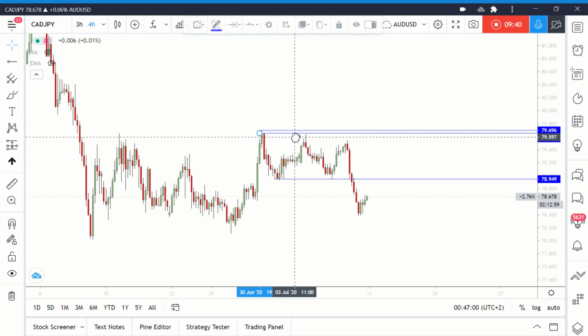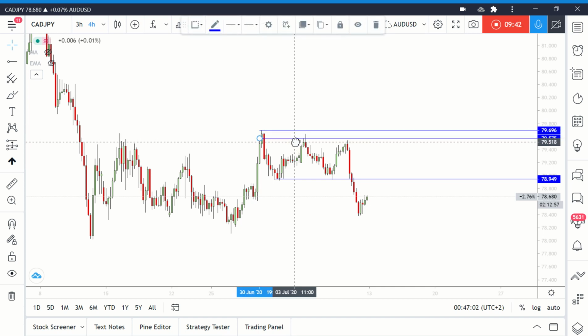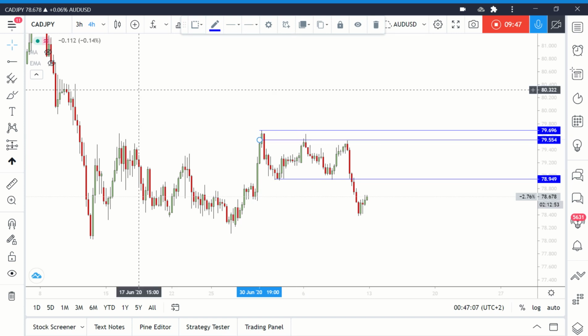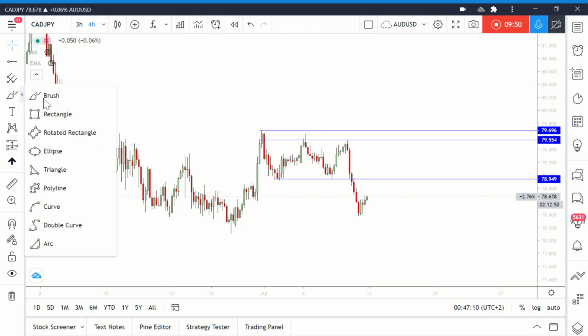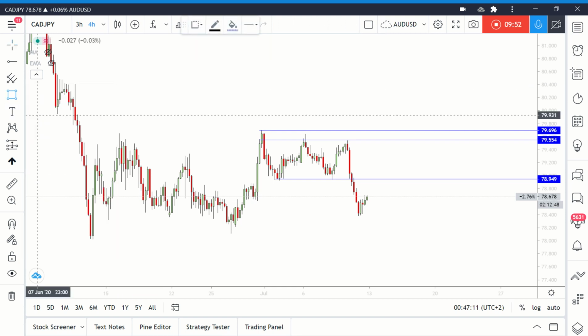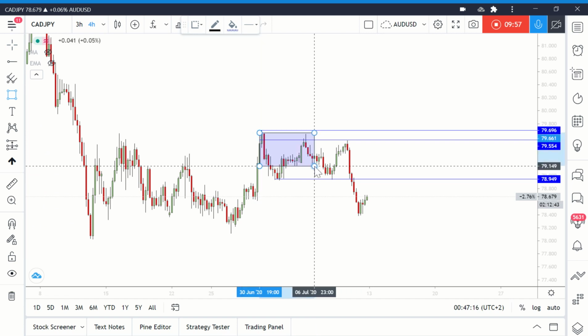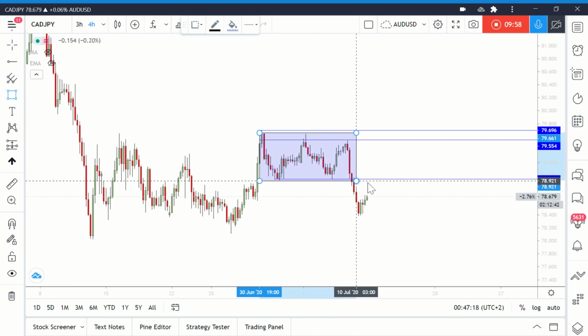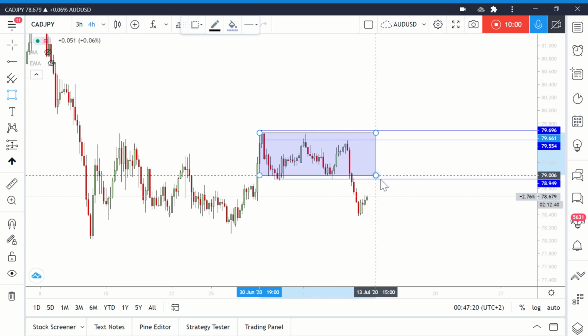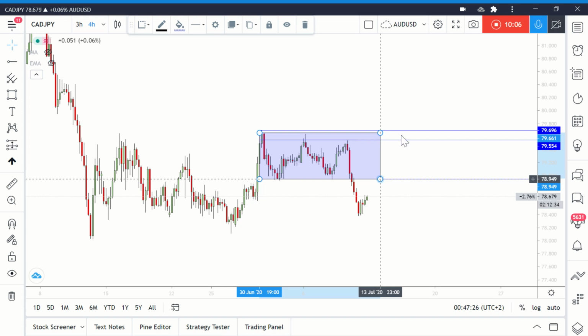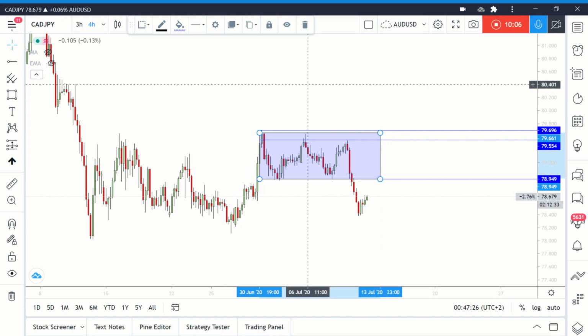So price has been between that support and resistance. I won't get into much detail on what support and resistance is. You guys should know that by now. I'll just pull up a rectangle and highlight this consolidation zone, right?